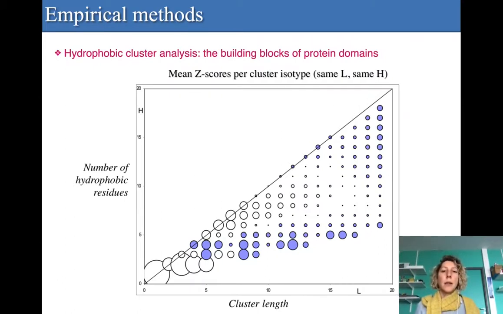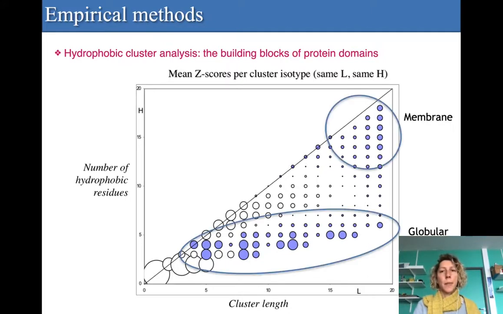And then you can see that you have different distributions of these dots. Okay, so for example, we can localize here some particular types of proteins, protein domains. So for example, the globular protein domains are going to be at the bottom.